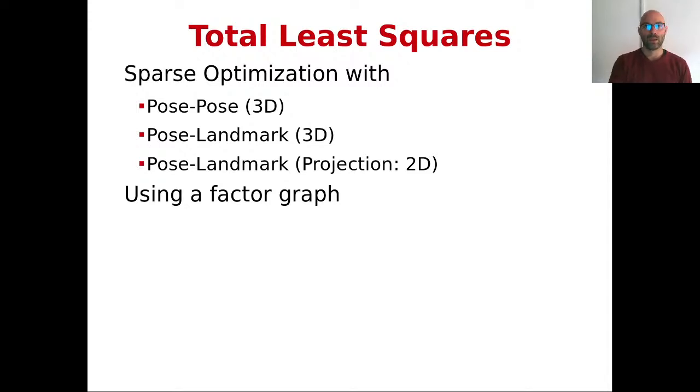Okay? So, what will be the state of our system? This is a question, and I'm not moving from here until you have answered. What will be the state of this large estimation problem?